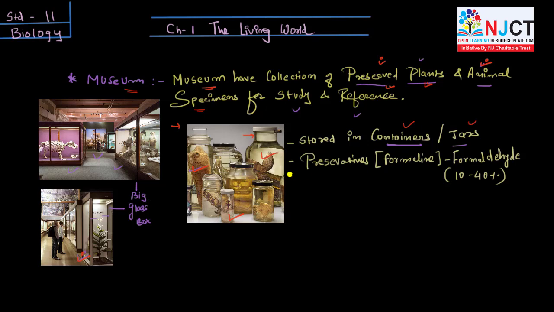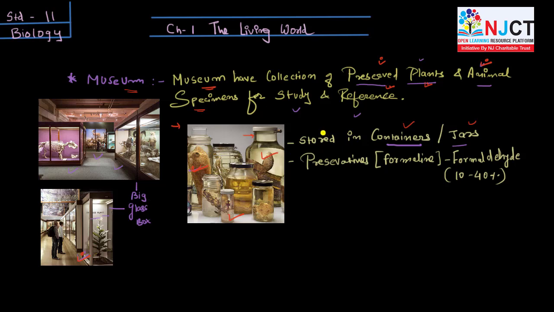Then, because you have to keep them for years, you are storing them in the same state. For example, you got this particular fish in this manner, and you want them to be in the same state. Of course, if you just put that normally in a jar, then what is going to happen?